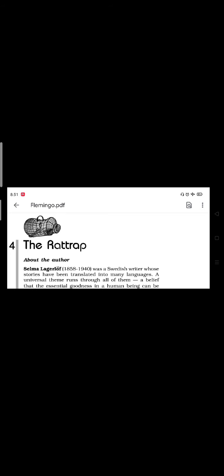So this is the first part, The Rat Trap. The lesson is written by Selma Lagerlöf. She was a Swedish writer, and her stories have been translated into many languages. This story revolves around a universal theme that the essential goodness in a human being can be awakened through understanding and love.